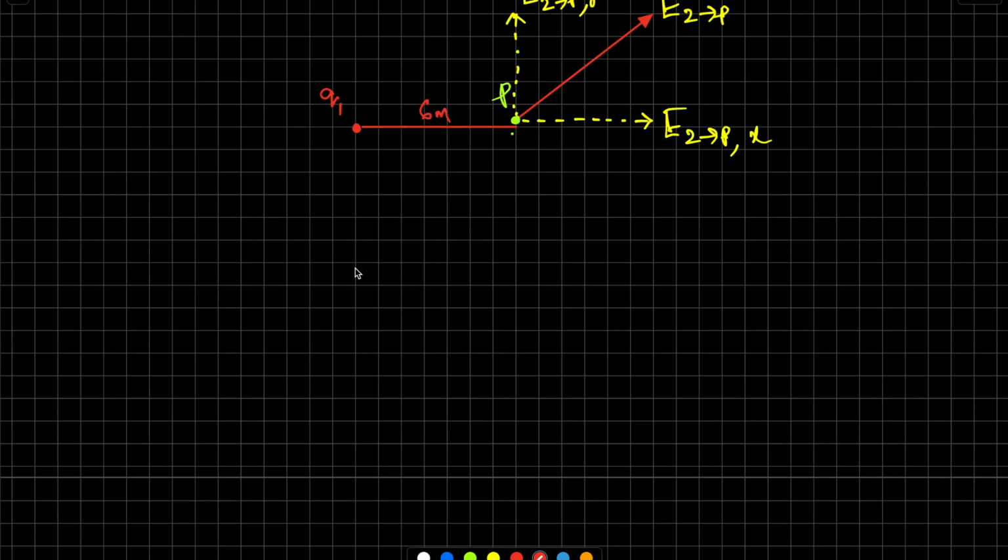We have another charge here, which is Q2. This distance is 8 meters. And the distance between Q2 and point P, we found using the Pythagorean theorem, is 10 meters.